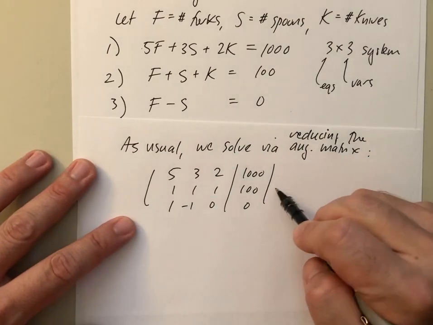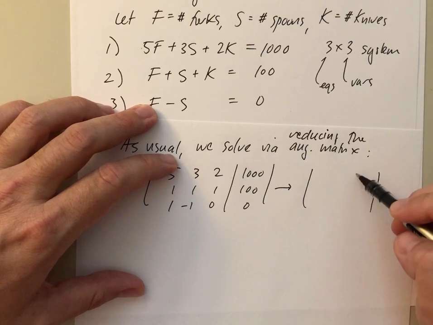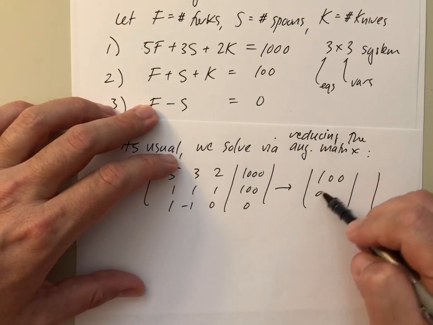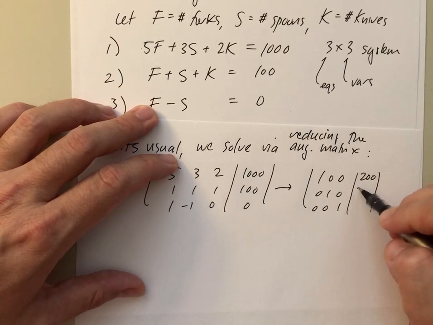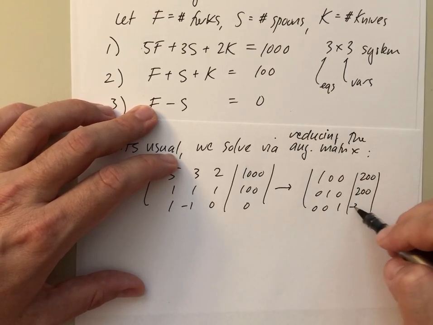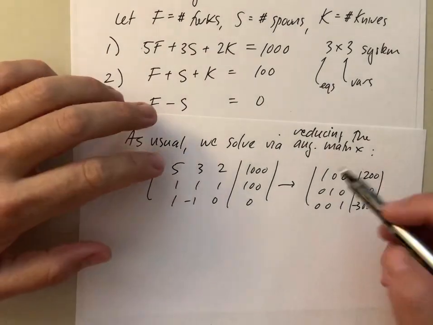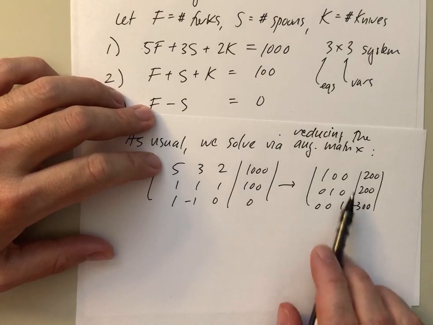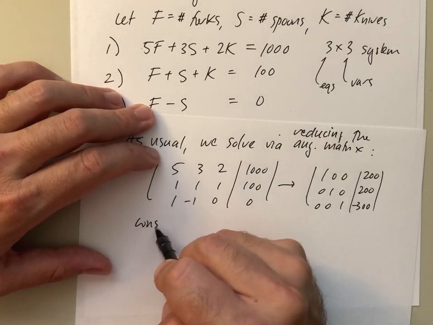And let me spare you the details here, but you guys know how to row reduce this guy. It turns out that what you get is this: 200, 200, minus 300. So what this is saying is that this is a consistent system, right? You've got pivots in every row. There's no 0, 0, 0 bad thing. So this is mathematically a consistent system.